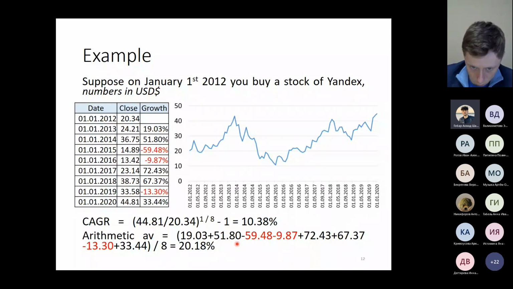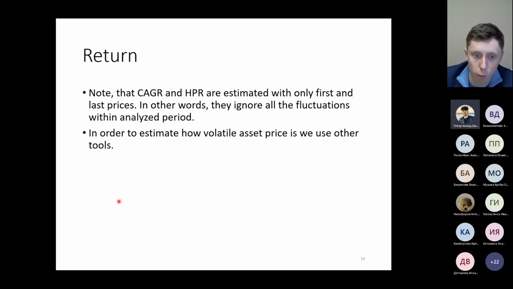But as you see, there are a lot of fluctuations. And if, for example, instead of the investment horizon from 2012 to 2020, the investment horizon would be from 2012 to 2015, then our return would be negative. Instead of growth, there would be a reduction of the price. So from here to somewhere here. So this estimation is very sensitive to the particular moments in time that we consider.